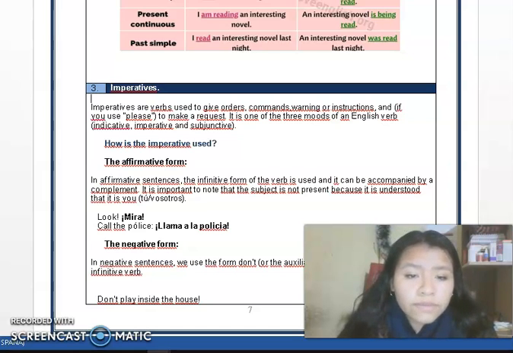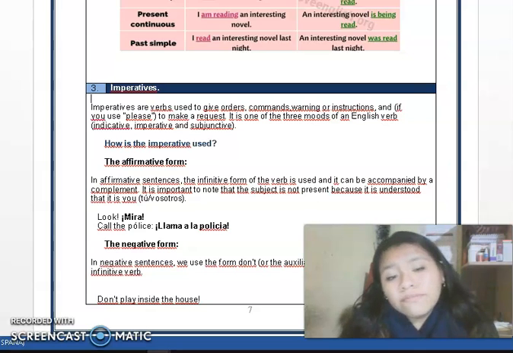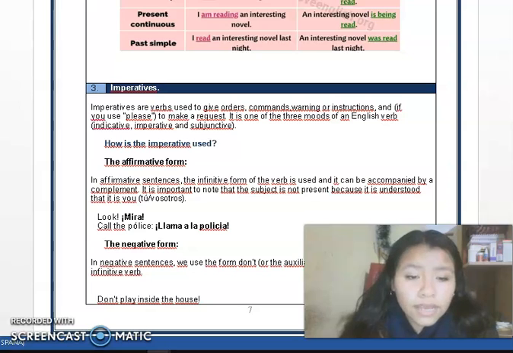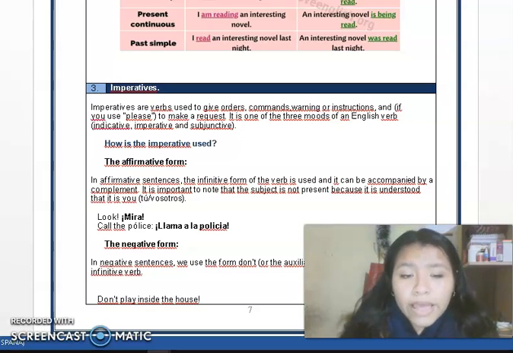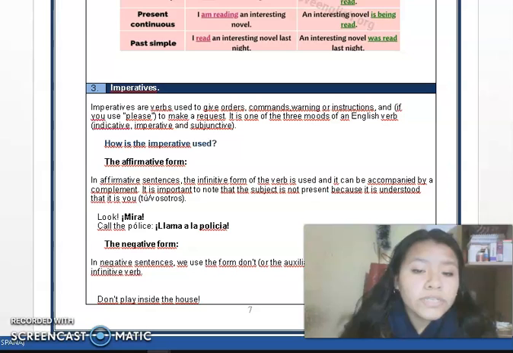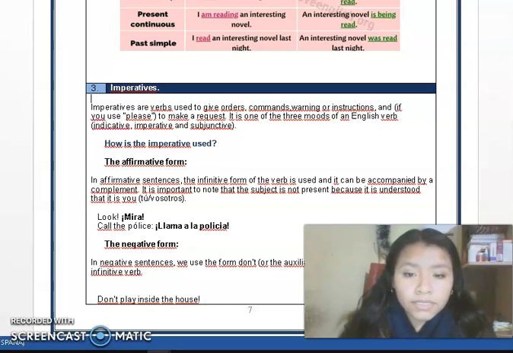The affirmative form: in an affirmative sentence, the infinitive form of the verb is used, and it can be accompanied by a complement. It is important to note that the subject is not present because it is understood that it is you. Call the police, llama a la policía.